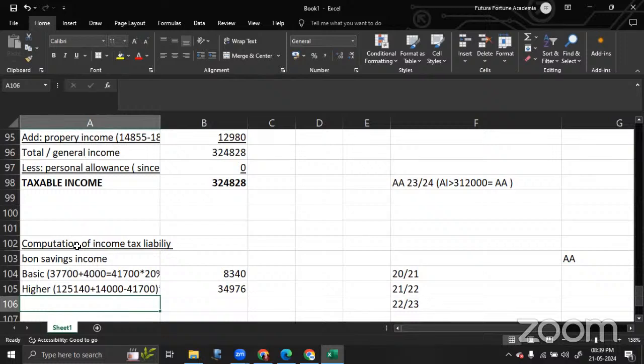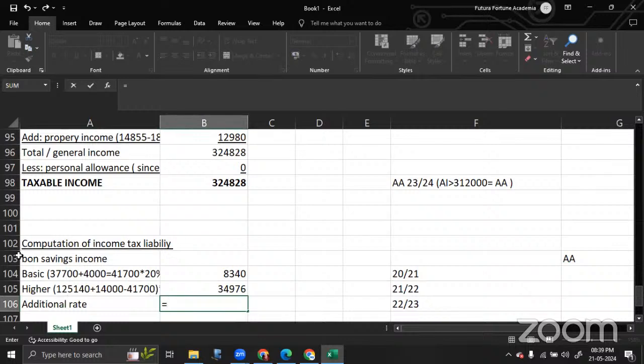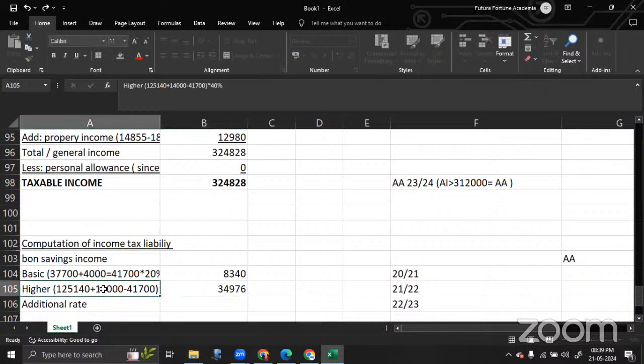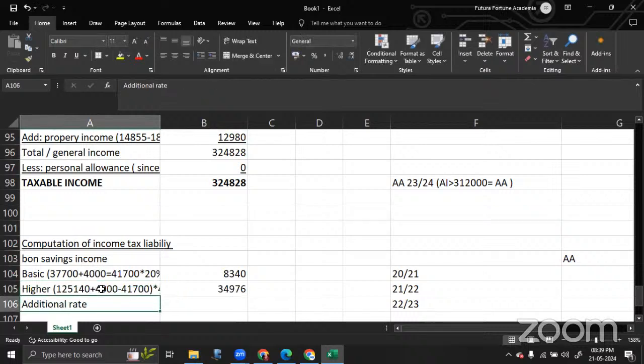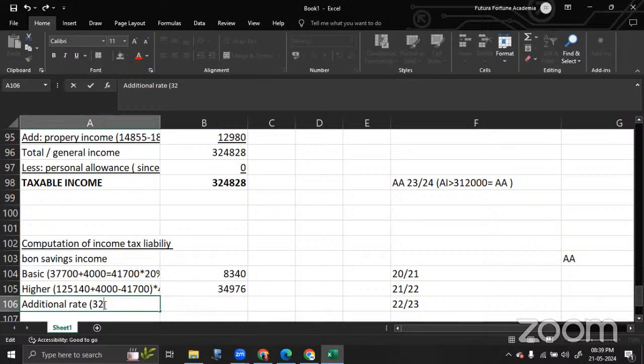And above that, you will apply the additional rate. So the additional rate is equal to 324,828 minus what you have already taxed up to.